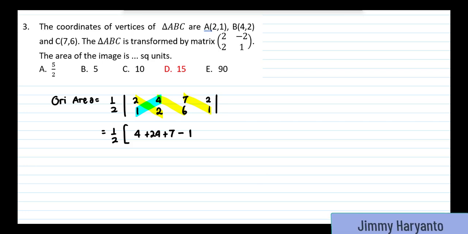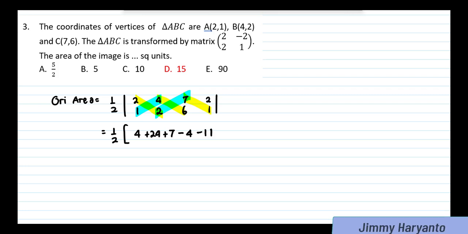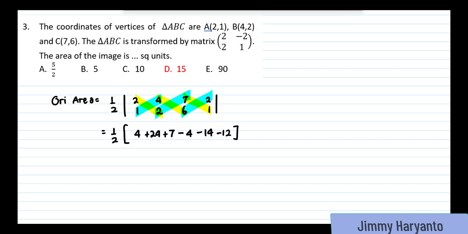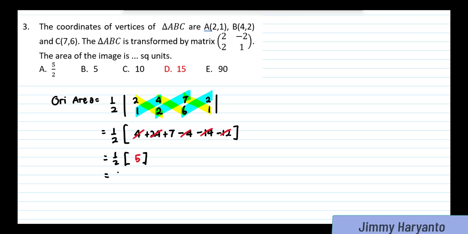You will write -4 and then minus it again with this one, -14, and the last one is -12, and then you have to calculate them all. 4 minus 4 equals 0, and then 24 minus 14 equals 10, 10 minus 2 equals -2, and then 7 minus 2 equals 5. There we go. And then you'll have 5/2 square units for the original area.